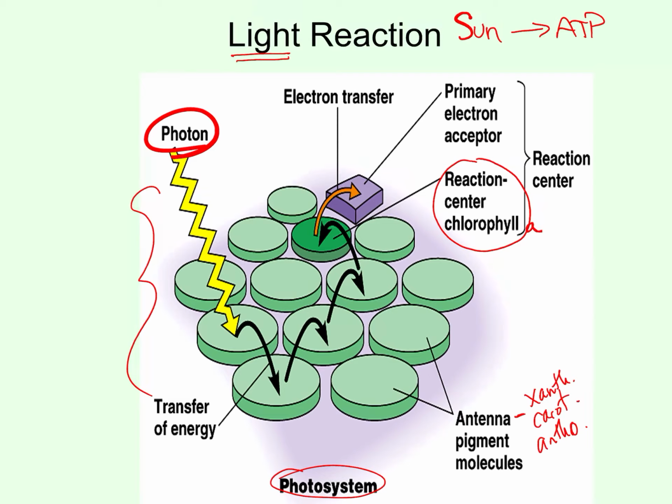So the different colors here will absorb different energies of light, and they all will vibrate. So imagine all of these vibrating as they get hit with the sun. This vibrational energy is going to be passed, as you see in the black arrows, to this reaction center chlorophyll. So everything goes to the middle. The reaction center chlorophyll is getting so excited that it's going to lose a couple of electrons.